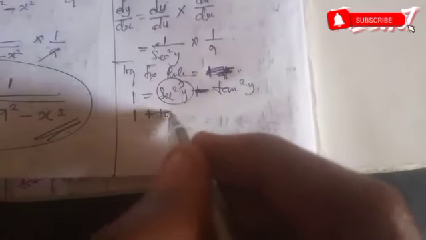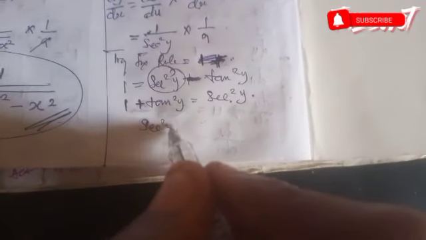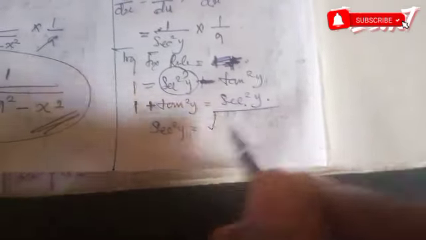So to make this the subject of the formula, we have 1 plus tan square y equals sec square y. So make this the subject of the formula, we have sec square y to now be the square root of 1 plus.